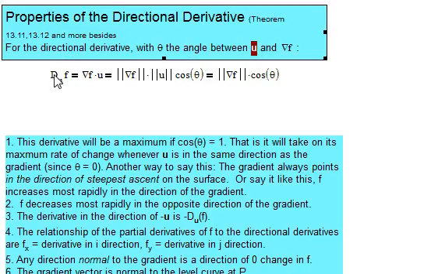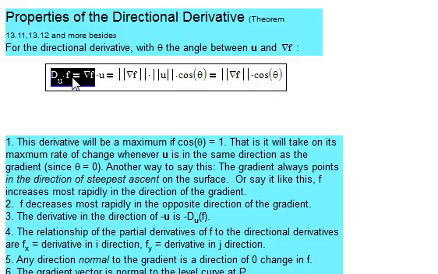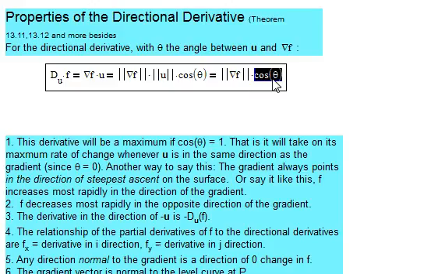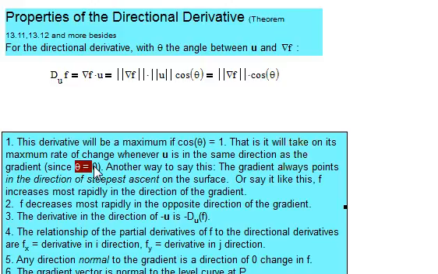So what does that tell us about the value of the directional derivative in that direction? Think about it. Cosine of theta, the very largest that could be is 1. And that can only be 1 if theta is 0.